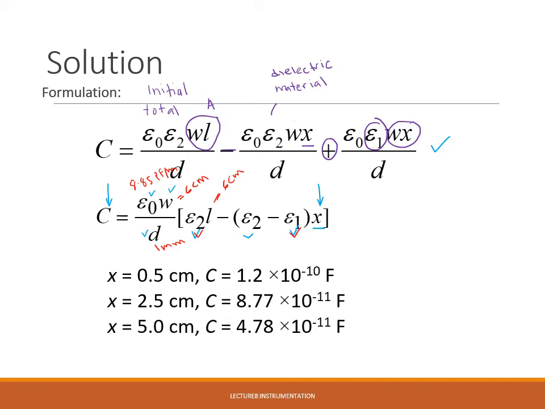So all the values are known, only x is changing. Putting x equal to 0.5, if you calculate, you get this value, 1.2 to the power of minus 10 farad. If x is 2.5, you get this value, and if x is 5.0, you will get this value.